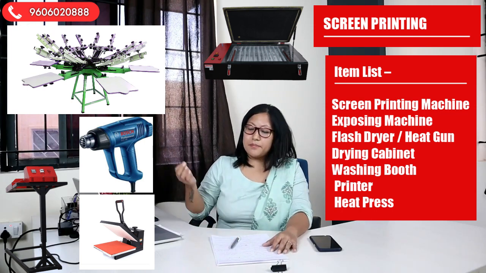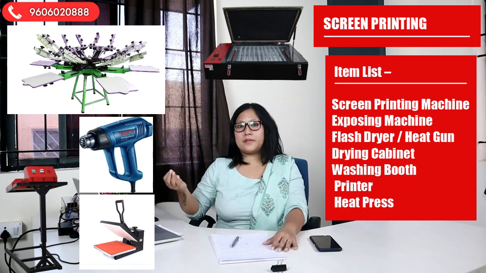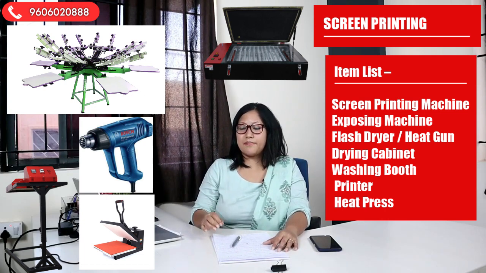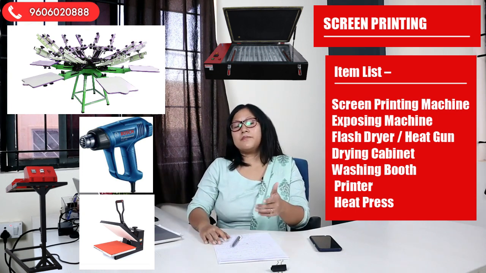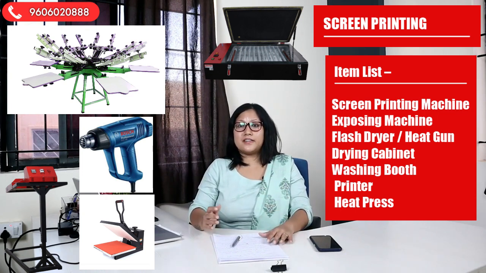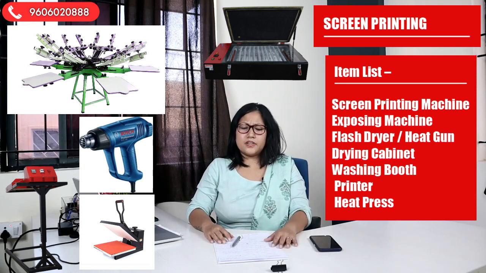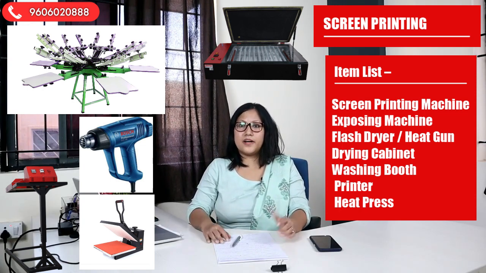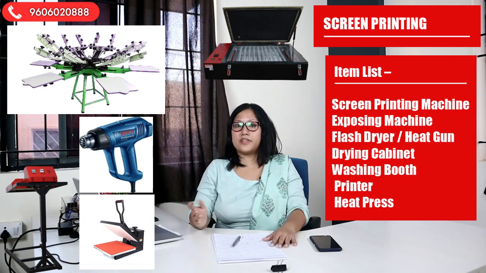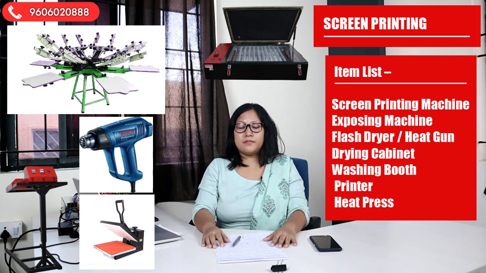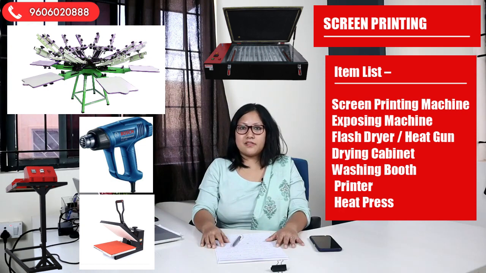Somebody uses butter paper, but we use film because film gives very good quality. You get film in A4 and A3 sizes. One film costs approximately 7 to 10 rupees. If you work with film, then your quality will be the best.